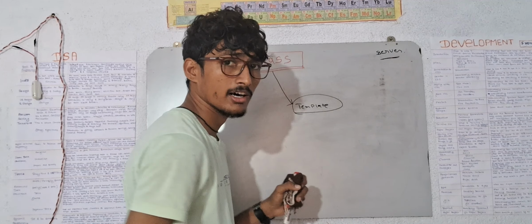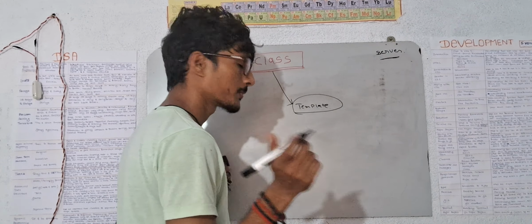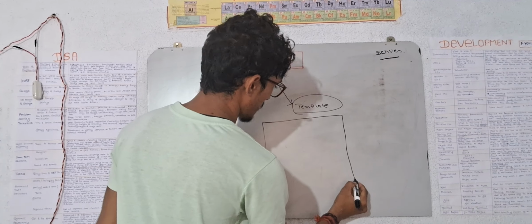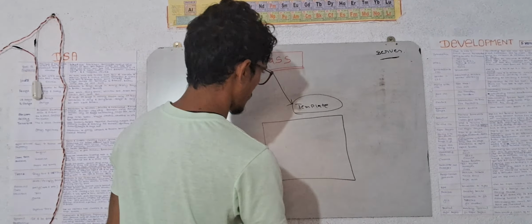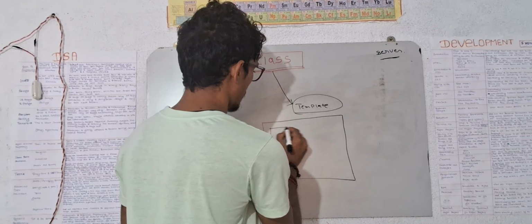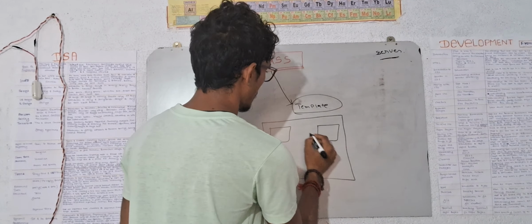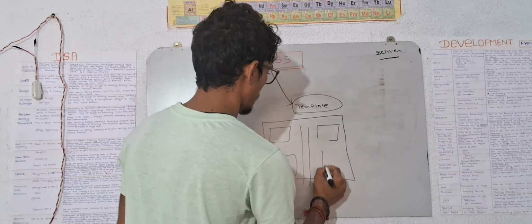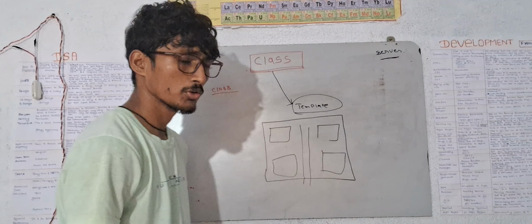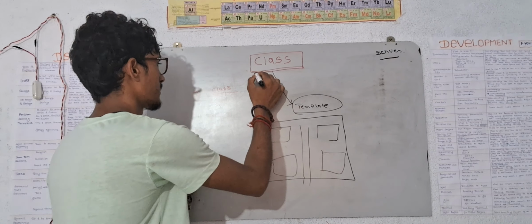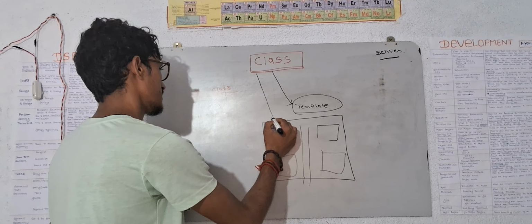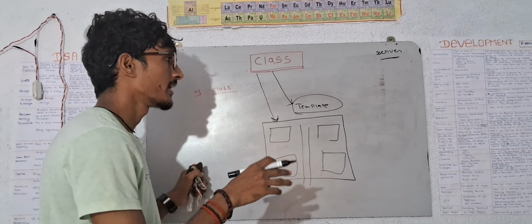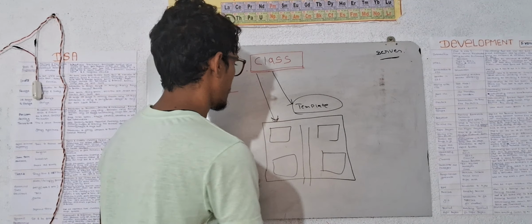Before building a house, you need to draw the basic structure of your home. So class works like this structure. Without a structure, we cannot write any program and put it into the server.